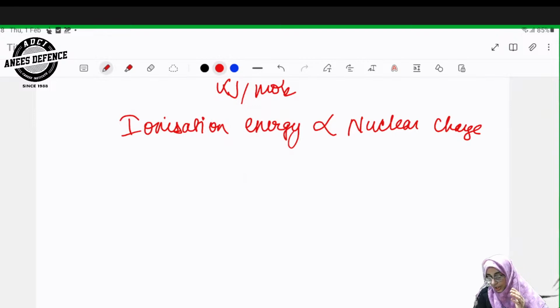So ionization energy is directly proportional to the nuclear charge.